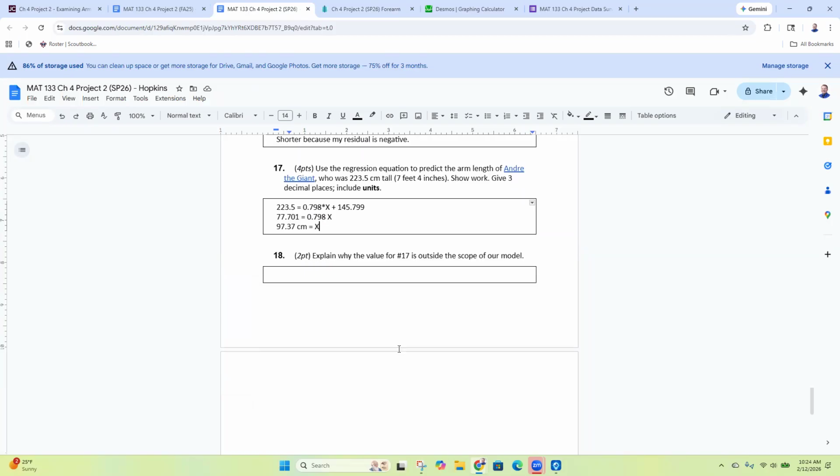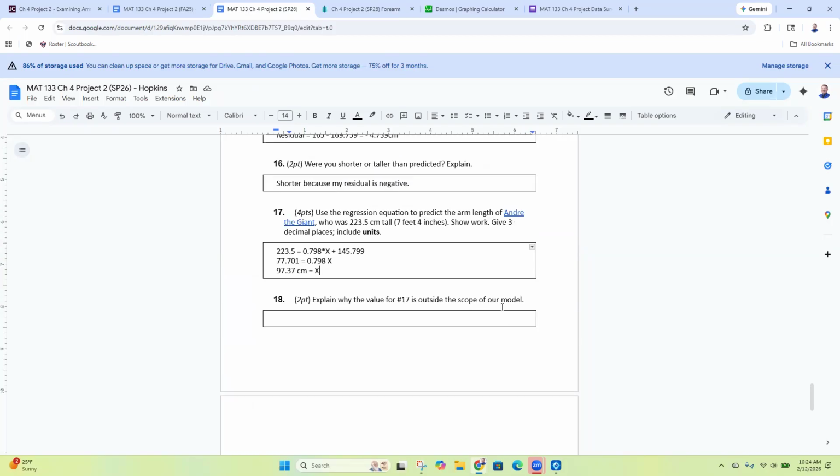Explain why number 17 is outside the scope of our model. And we can say 97.37 centimeters is much higher than any of the arm data we measured.